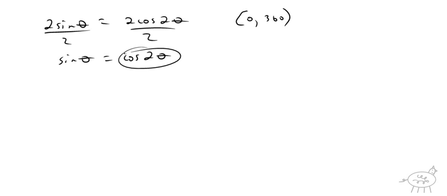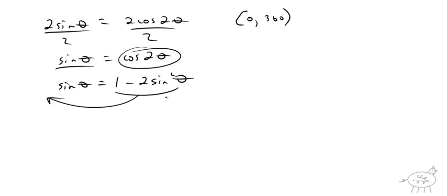Well, you guys should recognize this and go, oh, wait a second, I can change this into something all sine, because I've got a sine right here. So I get sine of theta is equal to 1 minus 2 sine squared of theta. Then I'm going to move this to the other side so I get a positive sine squared. I want my leading coefficient to be positive.